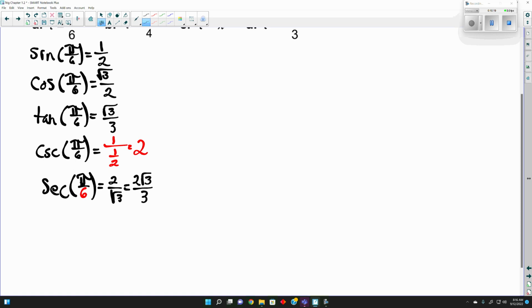And last but not least, cotangent of pi over 6, which is just going to be 1 over tangent, or we flip tangent, which would be 3 over square root of 3. And again, if we rationalize this, we get just the square root of 3, incidentally.